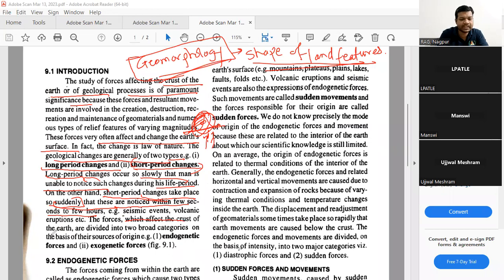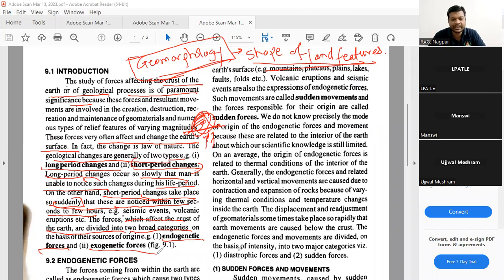The forces which affect the crust of the earth are divided into two broad categories: endogenetic forces and exogenetic forces.